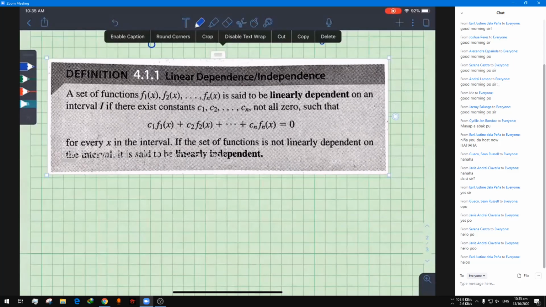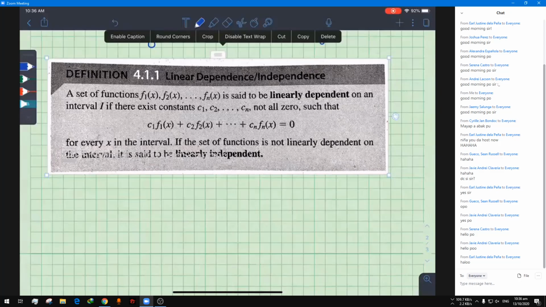A set of functions f1 of x up to fn of x are said to be linearly dependent on an interval I if there exist constants c1, c2 up to cn, not all of them zero, such that if I multiply those constants to the functions and add all of them, it will become equal to zero.